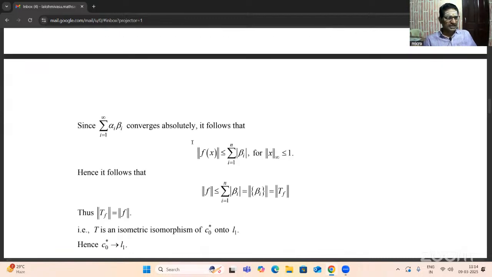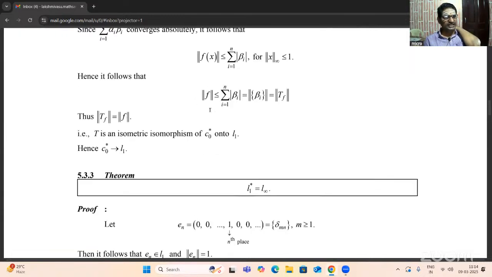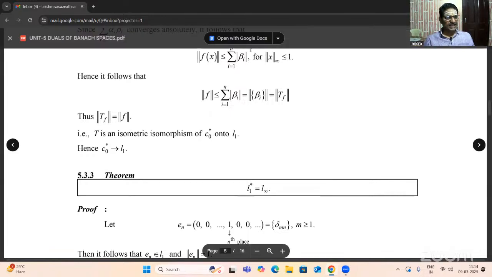We already know that the summation of alpha beta converges absolutely, and according to that condition, norm f of x is less than or equal to the summation of the modulus of beta i. So the norm of x at infinity is less than or equal to 1. Simply, it is stated that norm f equals norm Tf.